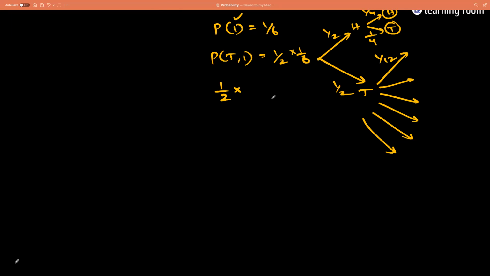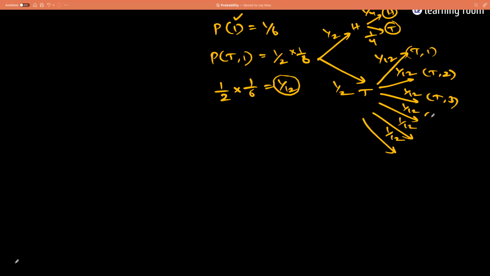So half into 1 by 6 is going to be 1 by 12. There's a mistake made. So here it is going to be 1 by 12, 1 by 12, 1 by 12, 1 by 12, 1 by 12. So this is for tail comma 1, this is for tail comma 2, T3, T4, T5, and T6. Right?